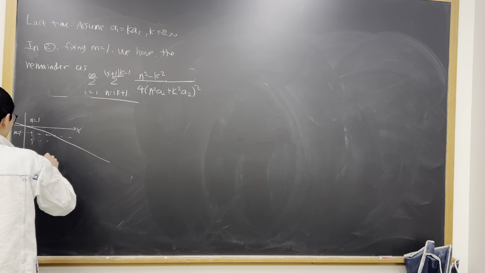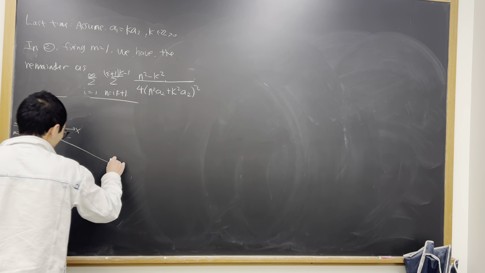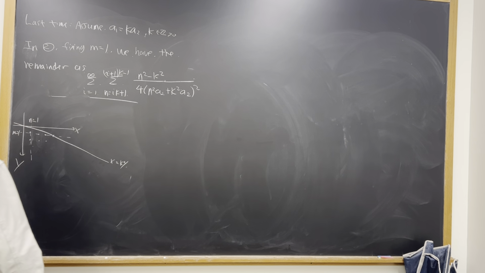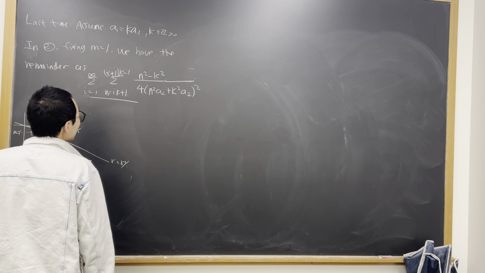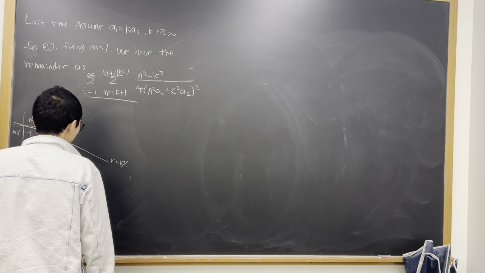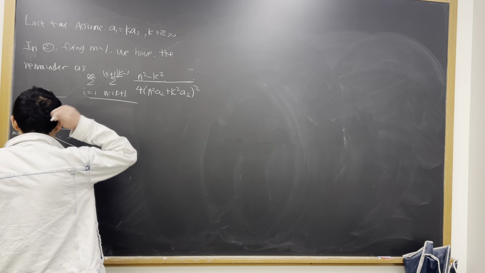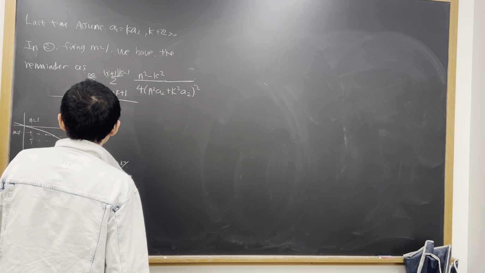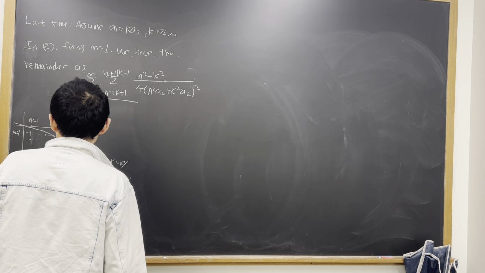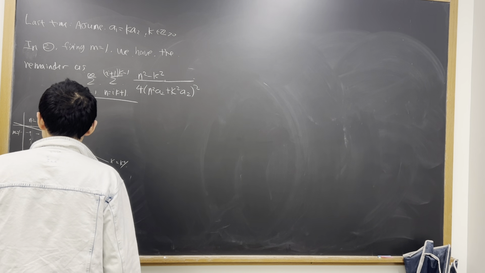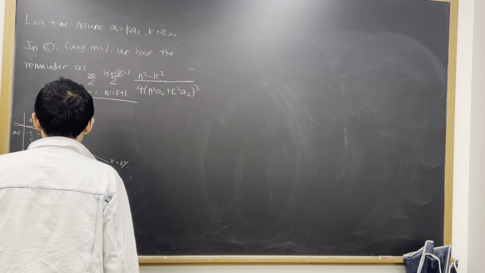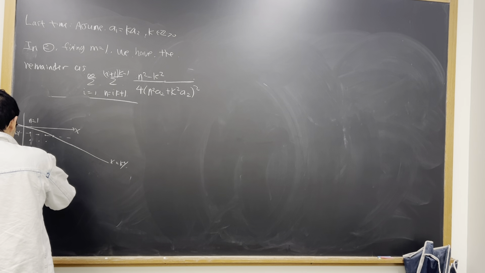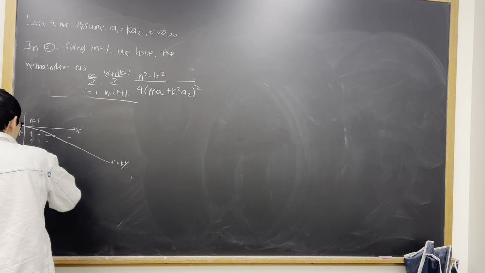For this case x equals ky. So this is the remainder that I calculated for m equal to 1, and this is the region 1, this is the region 2.